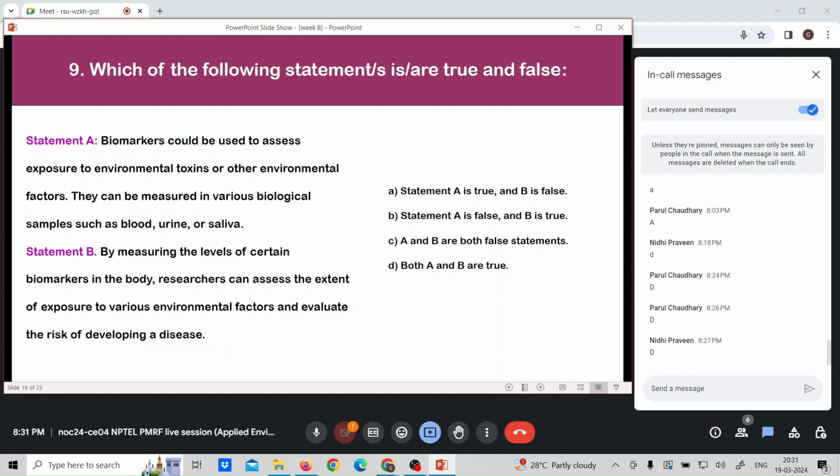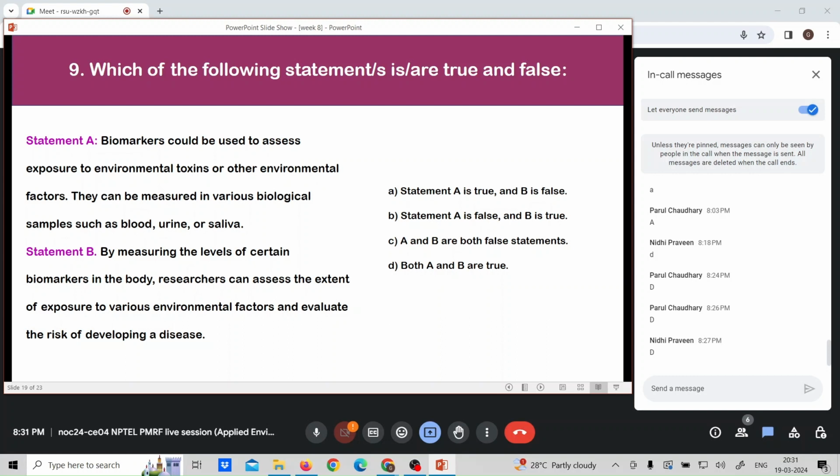And statement B states that by measuring the levels of the biomarkers, researchers can assess the extent of exposure to environmental factors and evaluate the risk of developing a disease. So it's not only when the disease is developed that we get a biomarker. There are a few biomarkers which can tell us, okay, we are in a state to be warned where we can develop the particular disease.